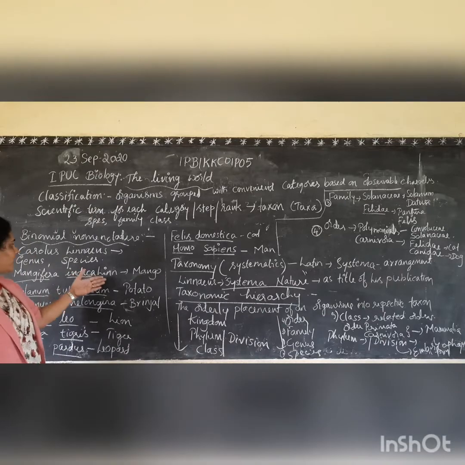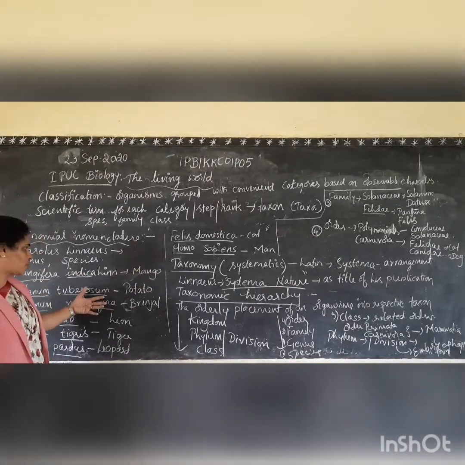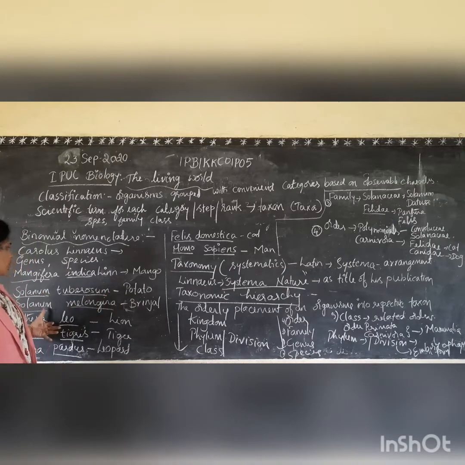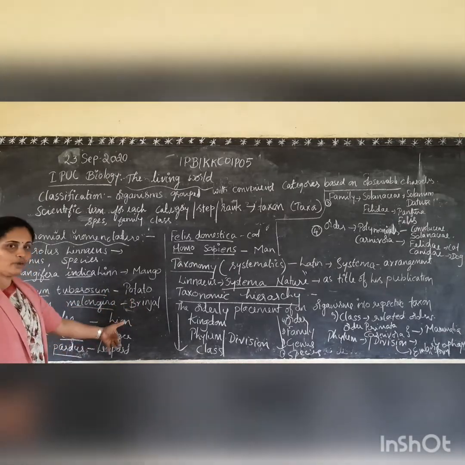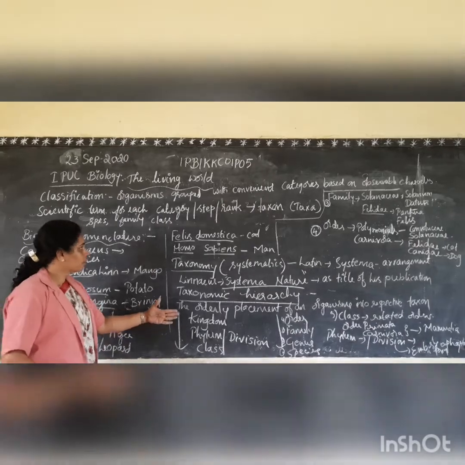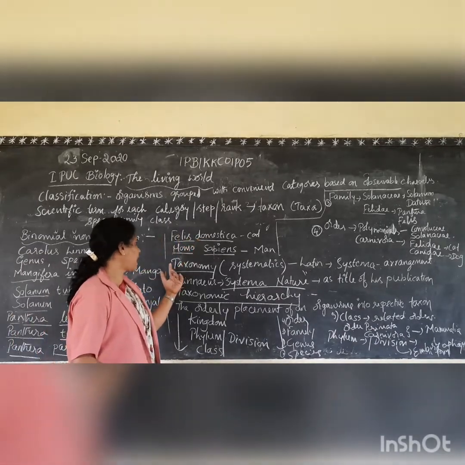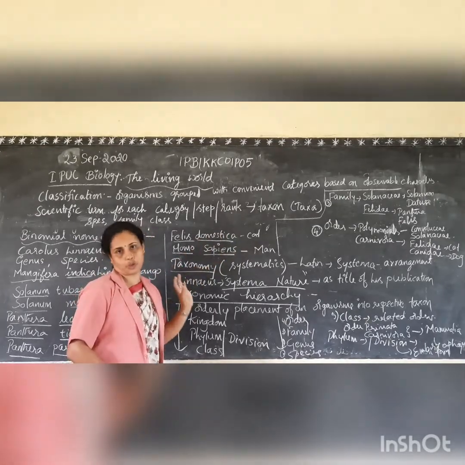Mangifera indica is mango. Solanum tuberosum, potato. Solanum melongena, brinjal. Panthera leo, lion. Panthera tigris, tiger. Panthera pardus, leopard. Felis domestica, cat. Homo sapiens, man. These are all particular species.